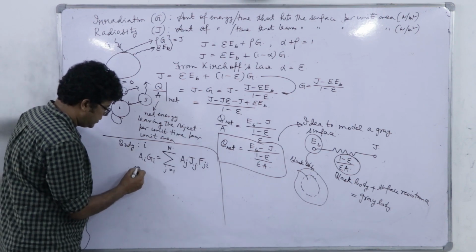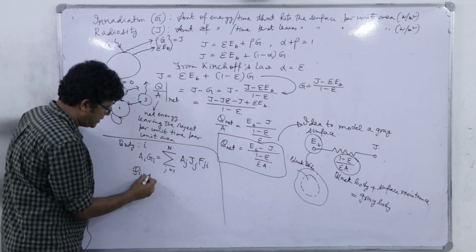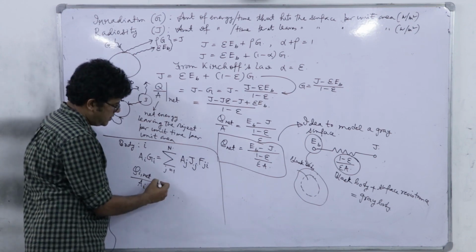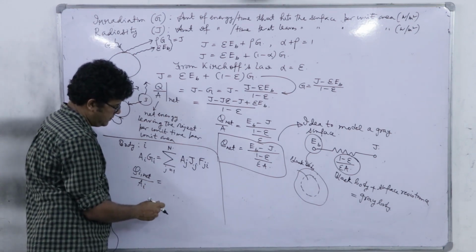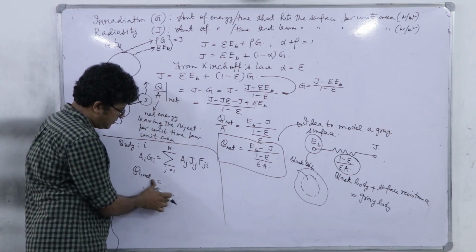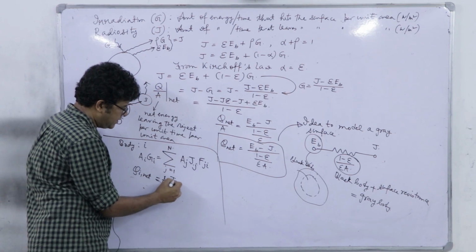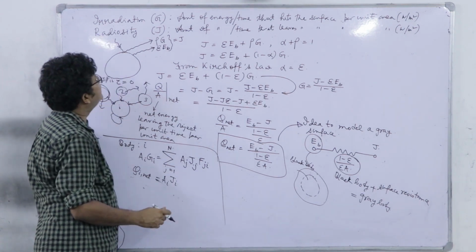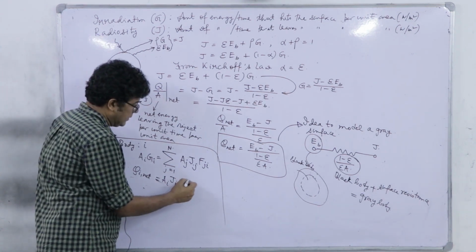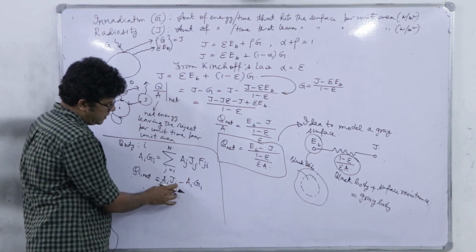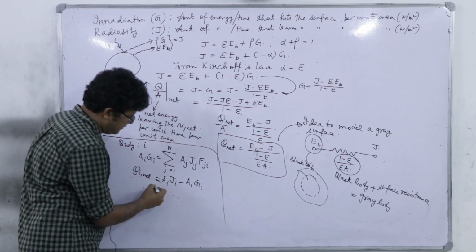Now you will see that Qi net is equal to Ai Ji minus Ai Gi. Whatever is leaving, whatever is heating.